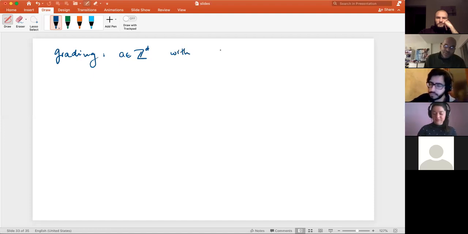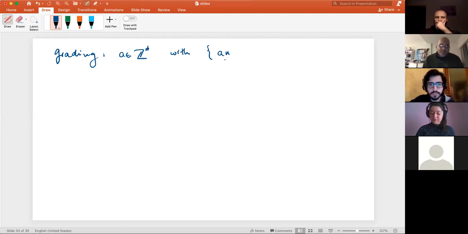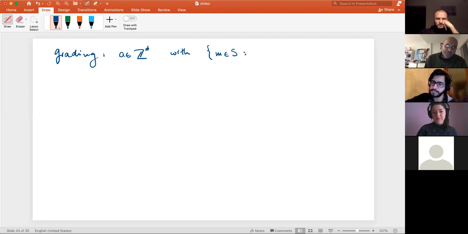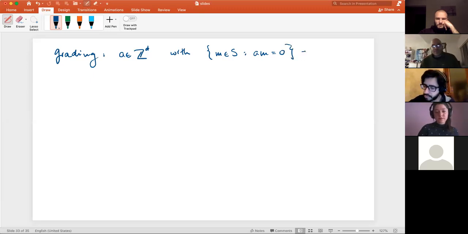And you want a condition: if you look at all elements in your semigroup that give you a dot product 0 with your vector A, you want this to be only the origin.